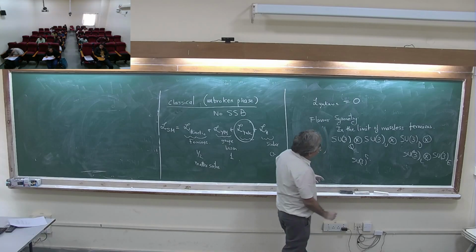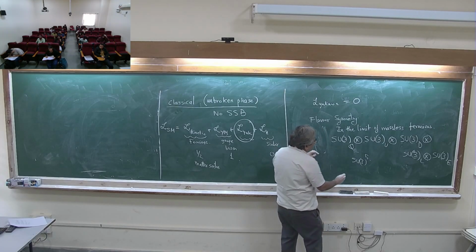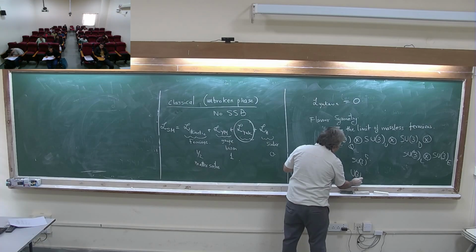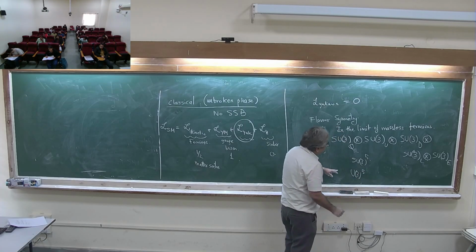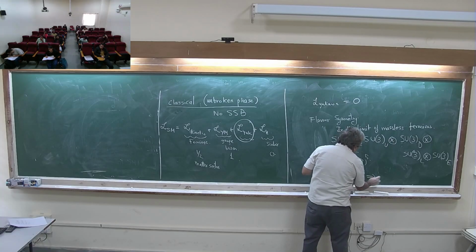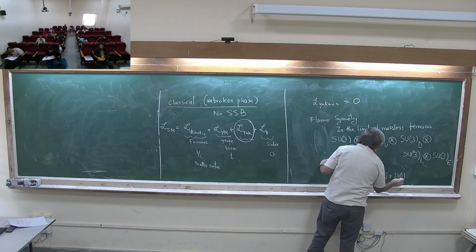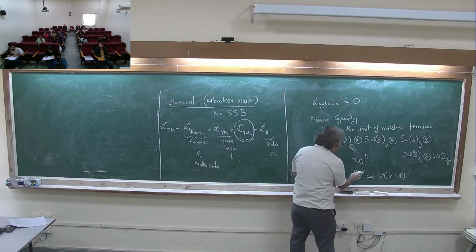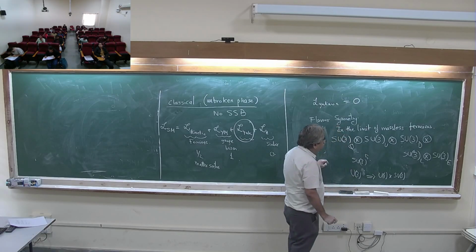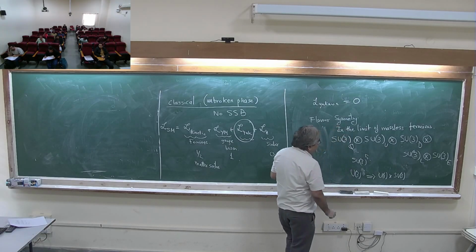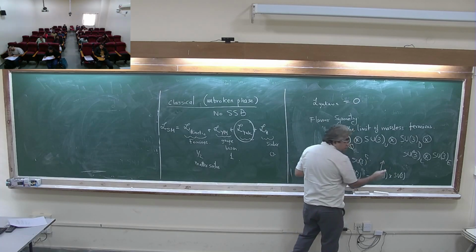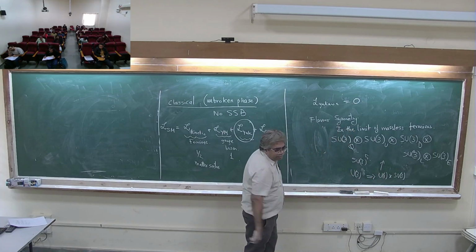In actual real case, it's actually U3 power 5, where U3 is U1 times SU3, where U1 will correspond to the question of baryon number.